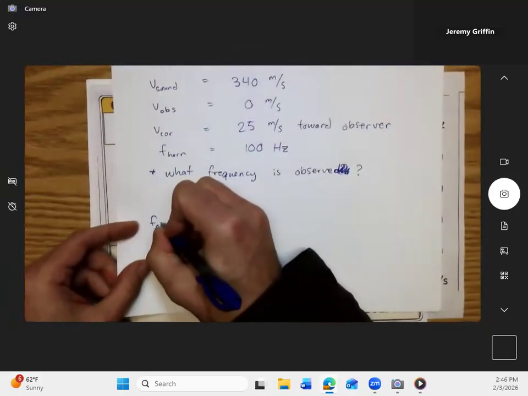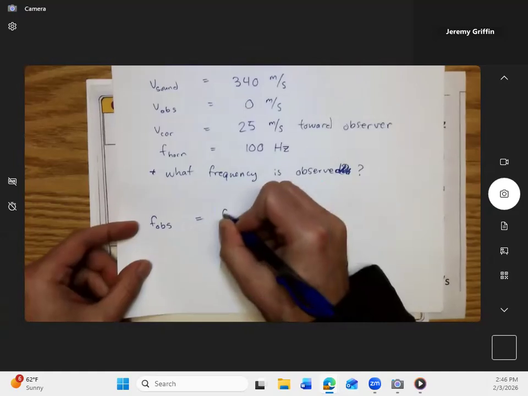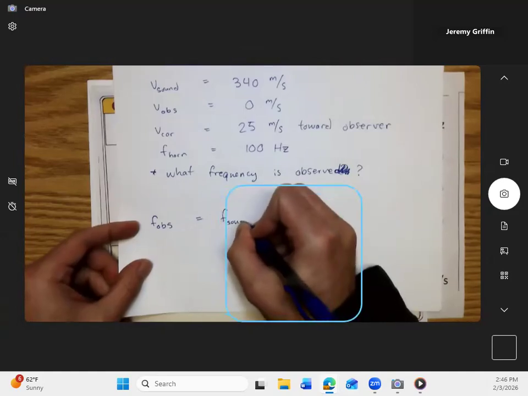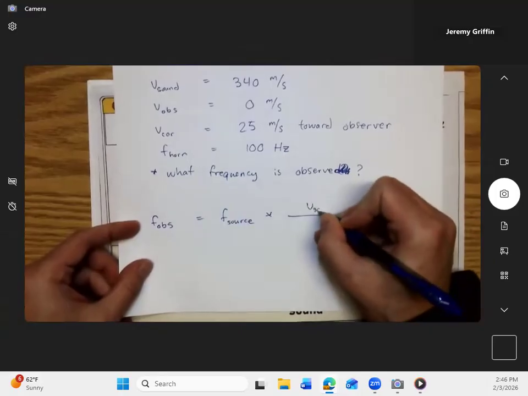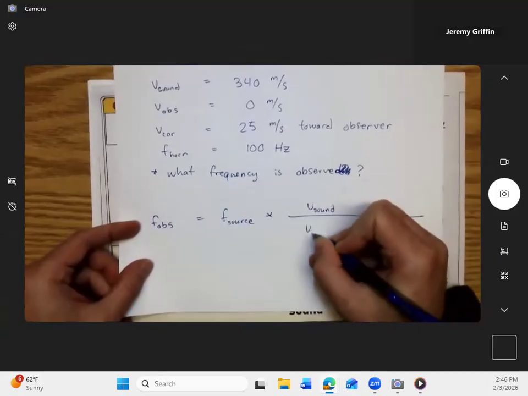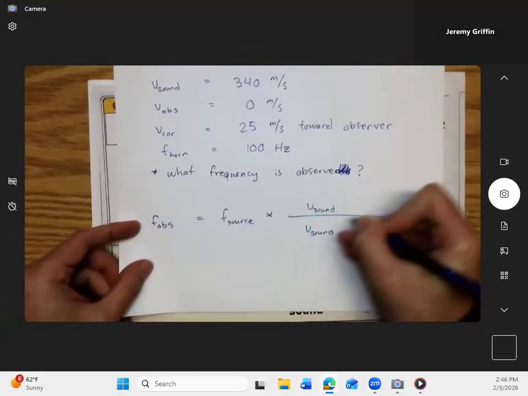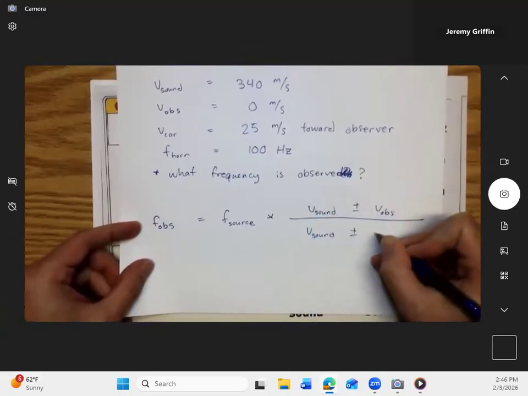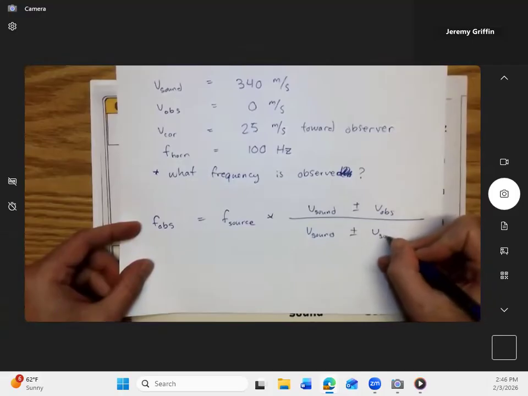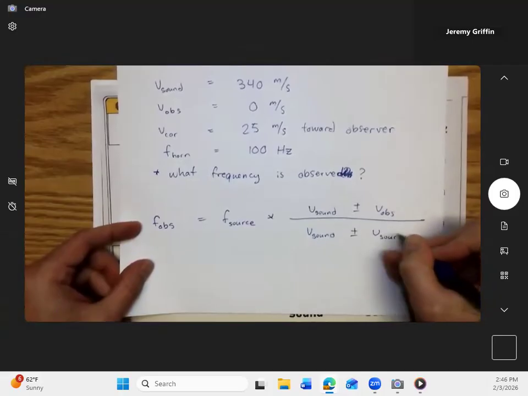The observed frequency is equal to the source frequency multiplied by the speed of sound up there, but also down here, speed of sound over speed of sound, plus or minus the velocity of the observer on top, plus or minus the velocity of the source, which is the car, down here.